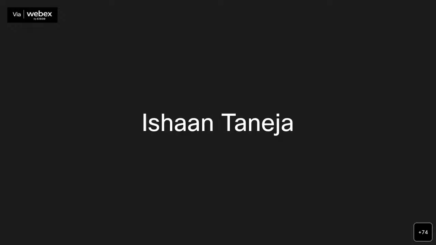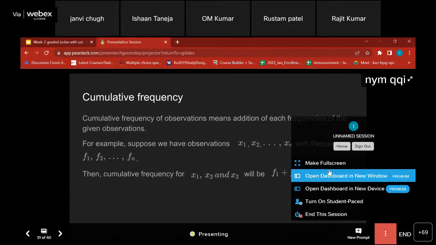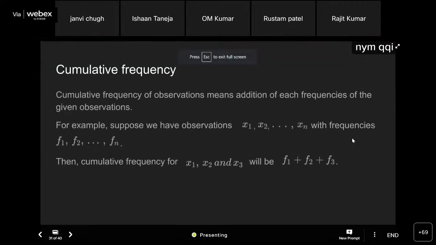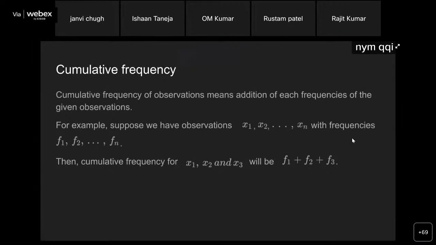But the cumulative frequency of all the observations, like you have given 10, 12, 8, 7, we can add up. The cumulative frequency of A is 10, and then of A and B would be 10 plus 12.